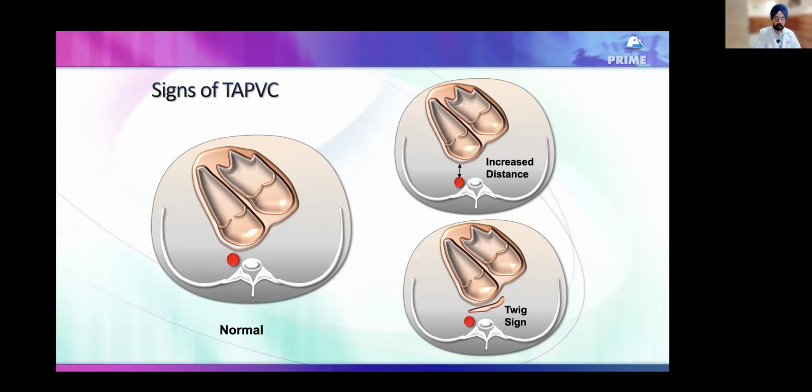Agreed? So that's why you have to do a 2D, and because of the resolution issues, we decided that we should depend more on indirect signs than on the direct signs of opening there.